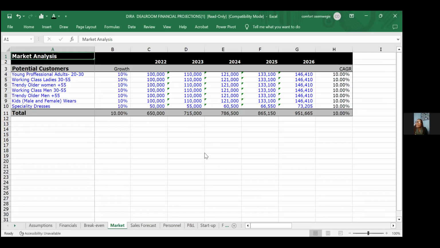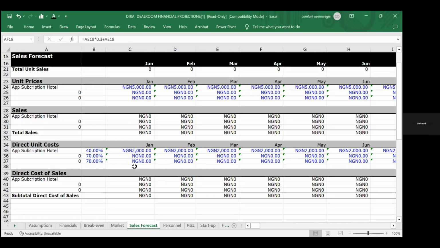When you come back in 10 minutes, I want everyone to have the details of their customers. How many customers are you projecting to have in 2026 up to 2029? I want the breakdown of your revenue, your unit revenue, how much each person is paying, and how much each person is going to pay every month.